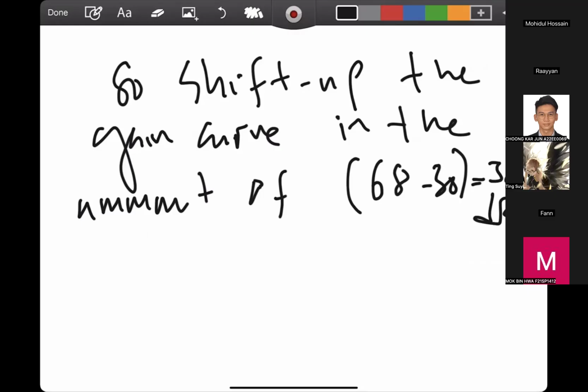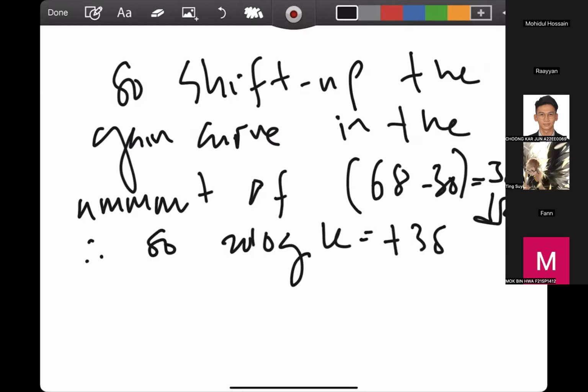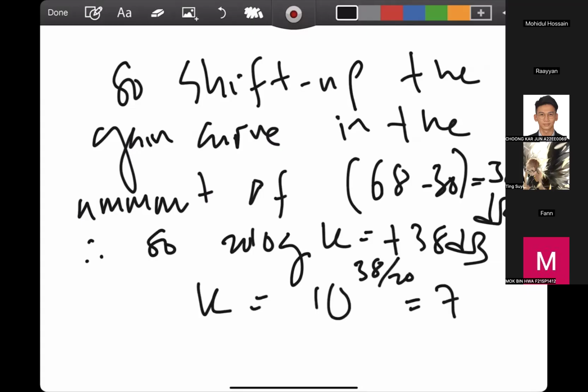So therefore, 20 log K equals 38 decibel. K is equal to 10 to the power of 38 divided by 20, which is equal to 79.43.